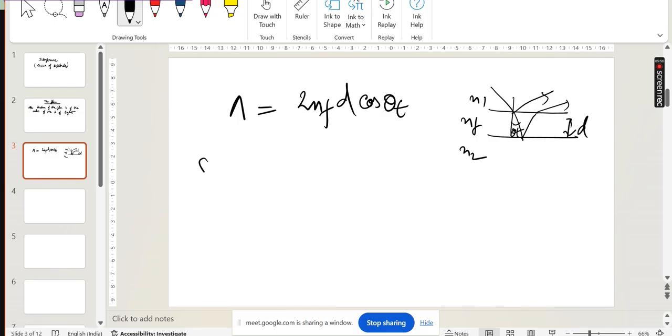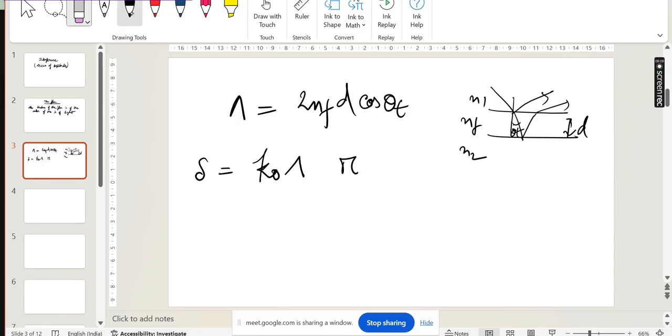This is the optical path difference. The phase difference is basically k naught times the optical path difference, plus or minus pi. Here, due to reflection, there is a phase shift, so we take the minus sign basically for the simplicity of the equation.